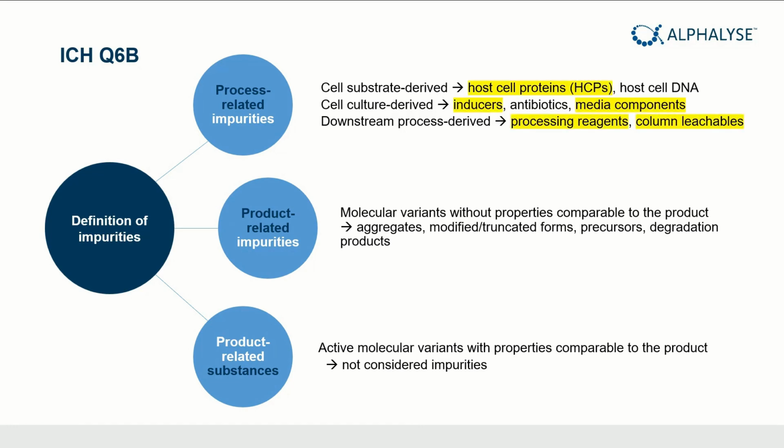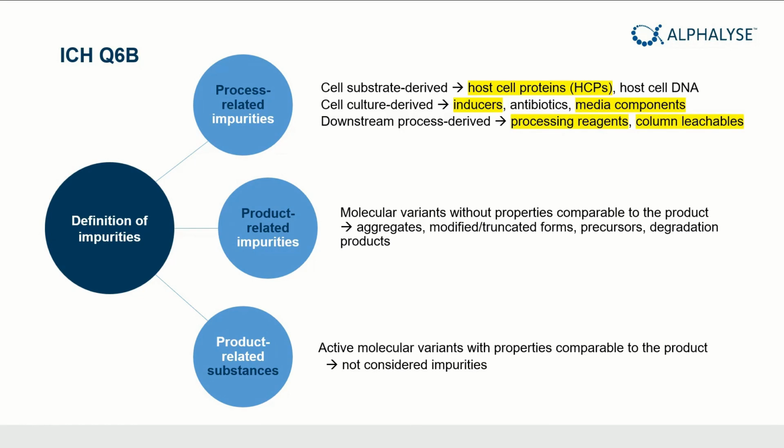So when we look for proteins, here at AlphaLife we are experts in proteins. For process-related impurities, where do we find the proteins? These are typically host cell proteins or HCPs. They could be growth factors added to the growth medium to induce growth of the cells.